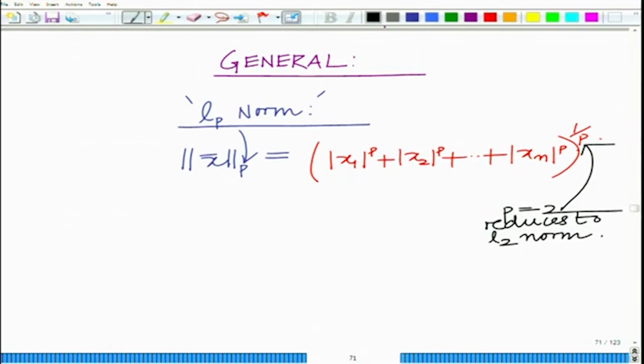Therefore, it is general. So, for P equal to 2, it reduces to magnitude x1 square plus magnitude x2 square, so on up to magnitude xn square, to the power 1 over 2, that is square root of the whole thing, which is nothing but the L2 norm. Now, this can be used to construct other very interesting norms.